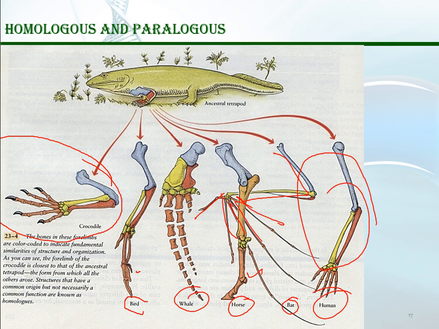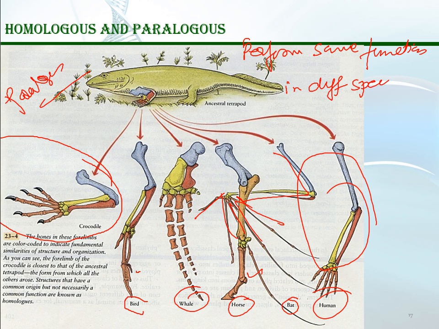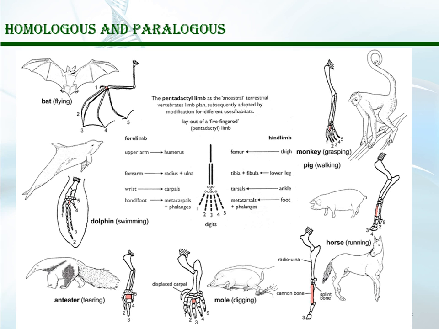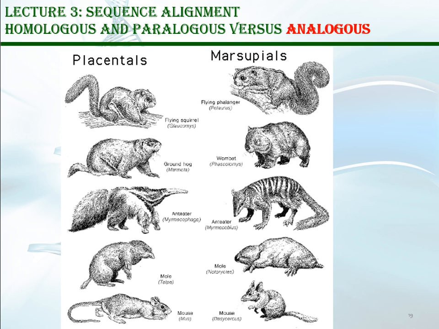So this is the paralog, means performing the same function in different species. Understood? Means all these organs have the same function, like the hand in human. Okay. So similar types of things are going to be shown here. Here also.